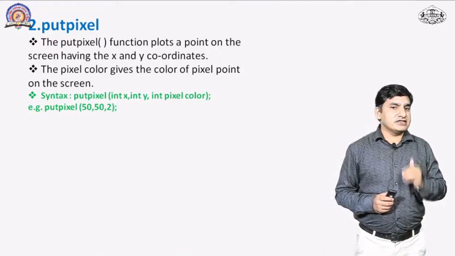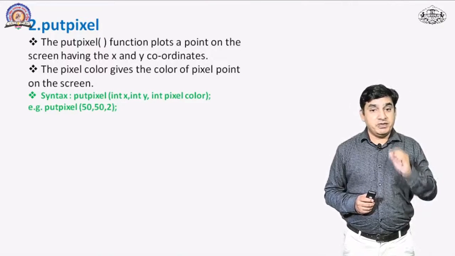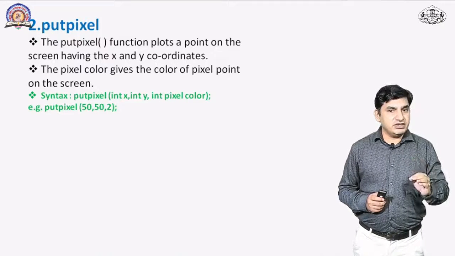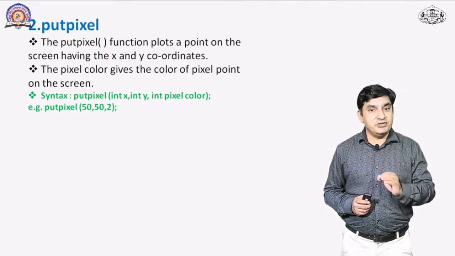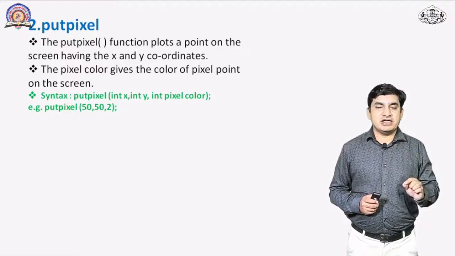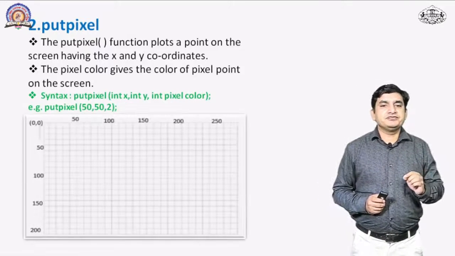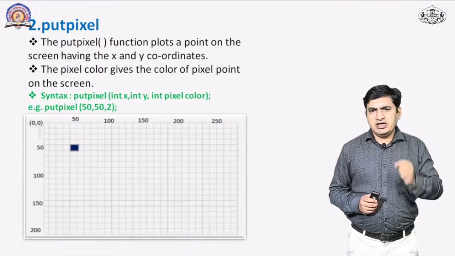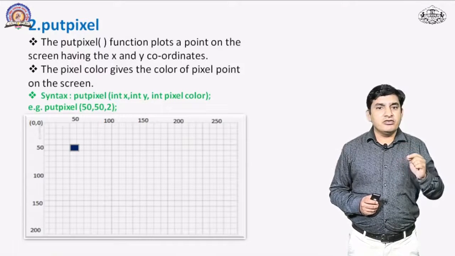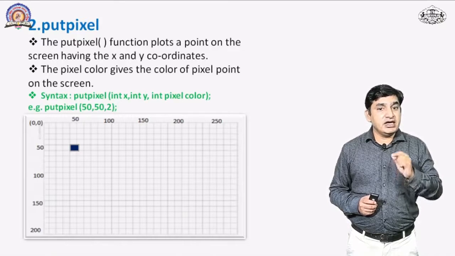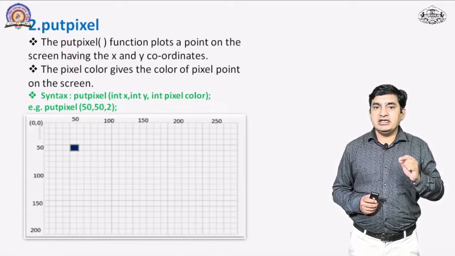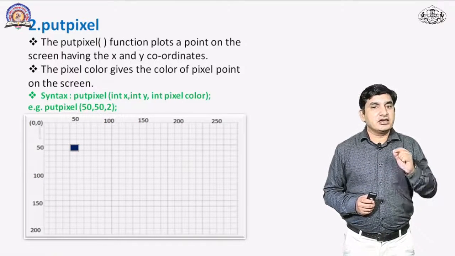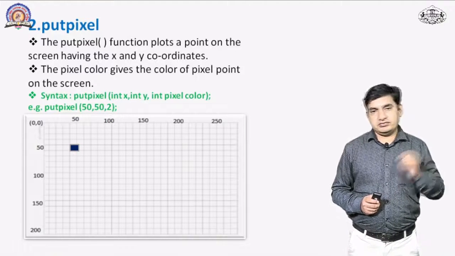Here in this example, putpixel(50, 50, 2) indicates that the x coordinate is 50, the y coordinate is 50, and the color of the pixel is blue. This graph shows the x coordinate is 50, the y coordinate is 50, and the color of this pixel is blue. The integer 2 indicates that the color of the pixel is blue.